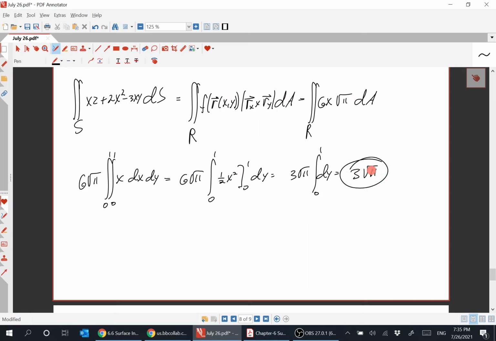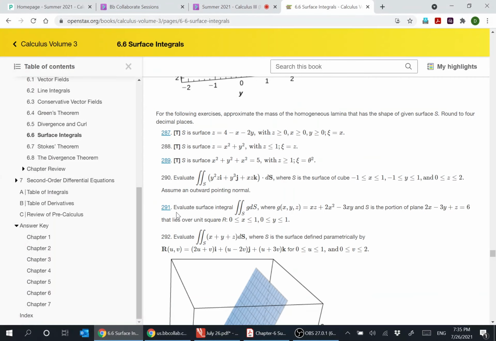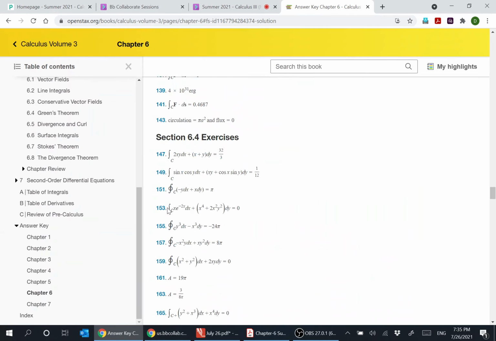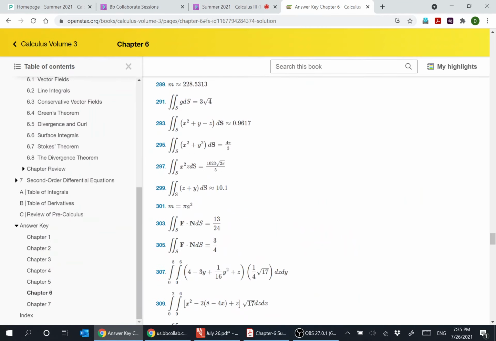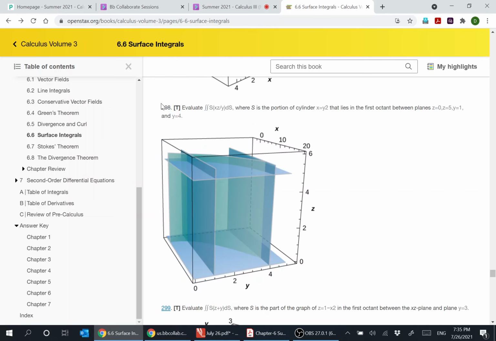Oops, root 11. I'm sure that's right, but let's double check. It's 3 root 4.